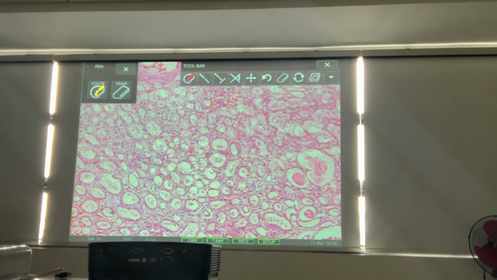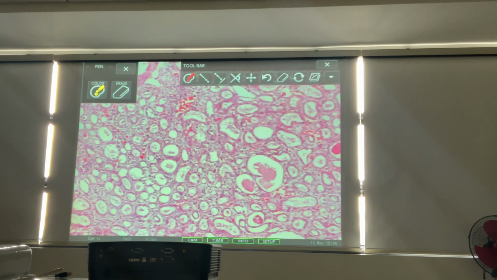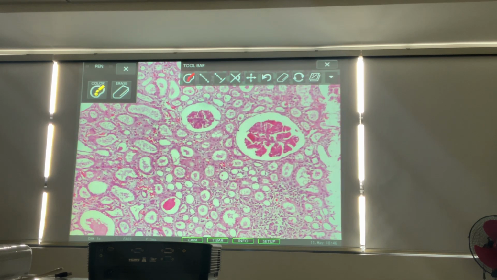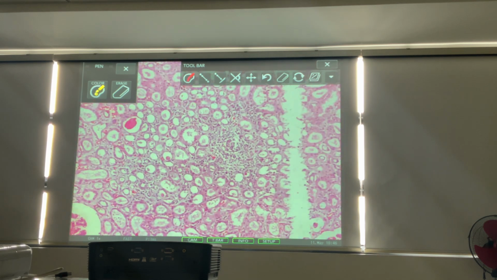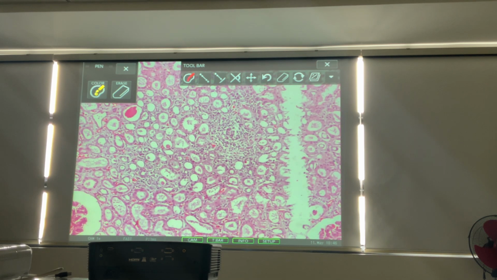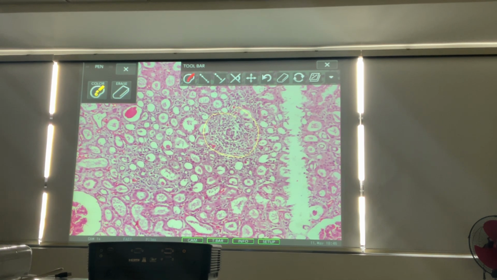Now, depending on the severity of the condition, you would also see injury to the surrounding tissues. But at the onset, it always starts with the glomerular structures. Here you can see inflammation in the interstitium. There's apparent injury to the cells lining your renal tubules.